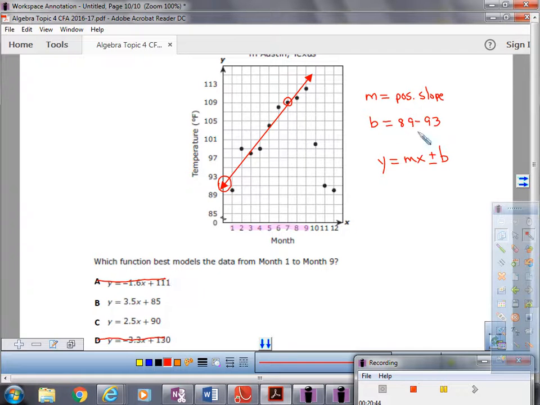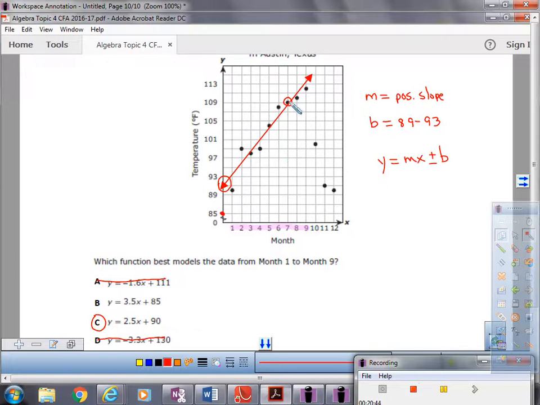Now we look at my b. My b has to be somewhere between 89 and 93. That's 85, that's down here. To me, that just seems way too low. So I'm going with 90. 90 is going to be somewhere in here. So I'm thinking the correct answer is C. Now what I would probably do next is look for that point that I was talking about, or at least see if it resembles that.